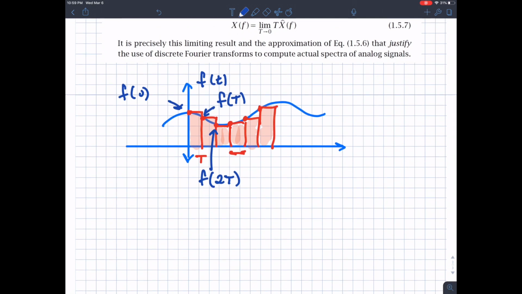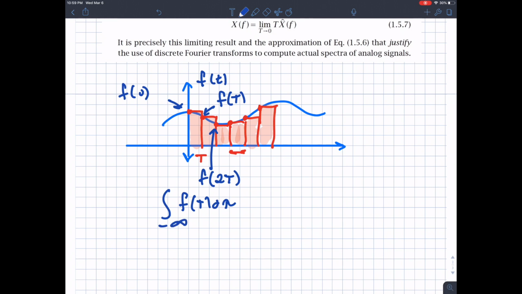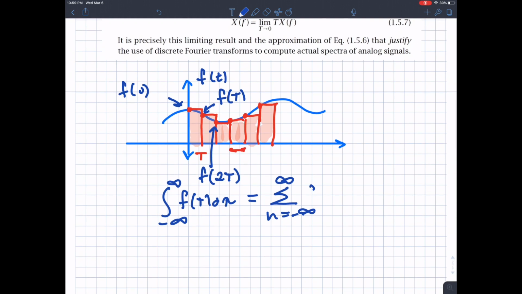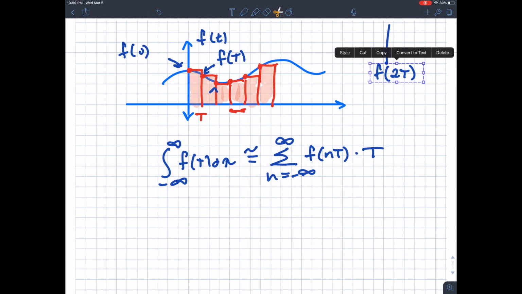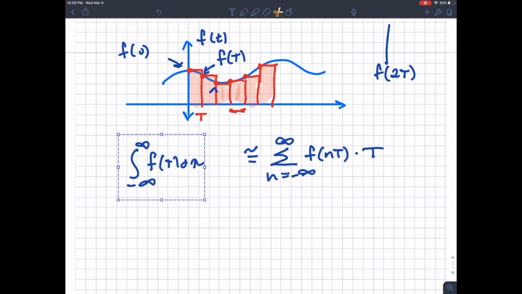And so we would have an approximation for the integral of f of tau d tau from minus infinity to infinity by looking at the summation from n equal minus infinity to infinity of all the sample values, so that would be f of nT times cap T. This would be an approximation for the integral, and as you let the limit as cap T goes to 0, what you did in calculus is you took a look at that limit and found that it was equal to the integral.